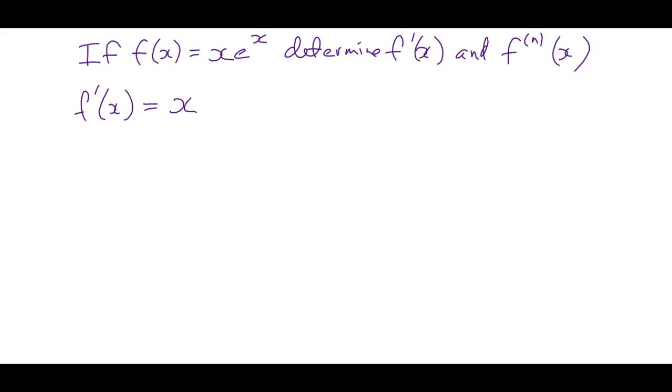What's the derivative of e to the x? e to the x. Plus the derivative of the first term, which is 1, times the second term. So it's plus 1 times e to the x. Well, we got e to the x times x plus 1.